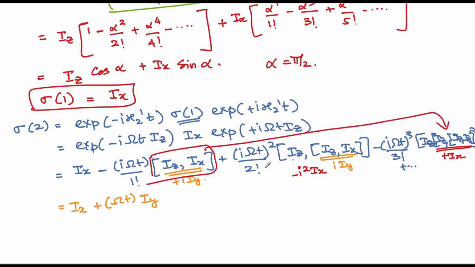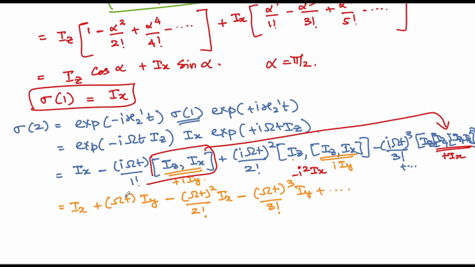So this will be Ix, so there will be minus omega t the whole square by 2 factorial Ix. So this will be Iz comma, there will be i Iy, i power 4 will be 1. Therefore, minus omega t the whole cube by 3 factorial Iy and so on.